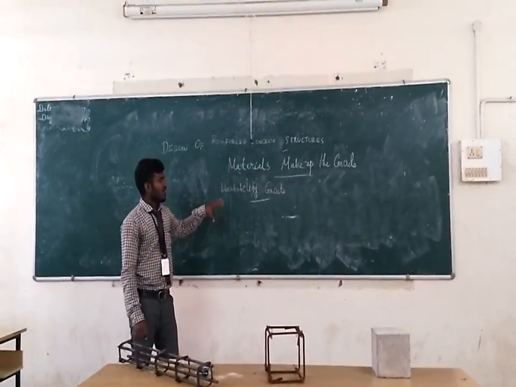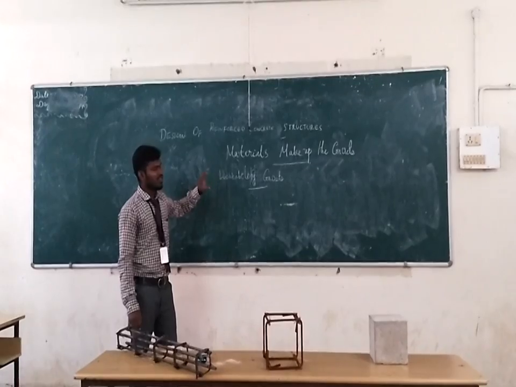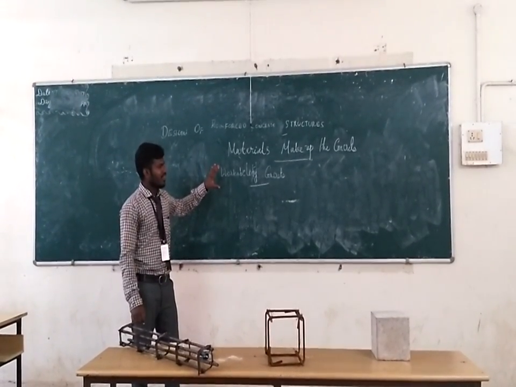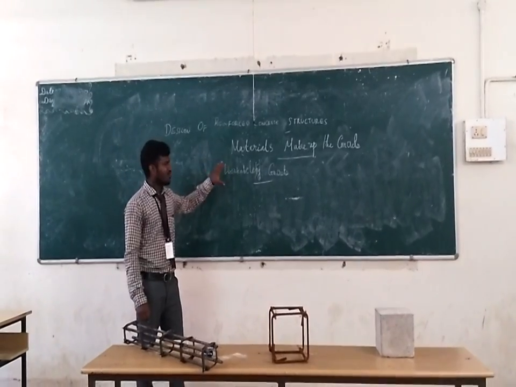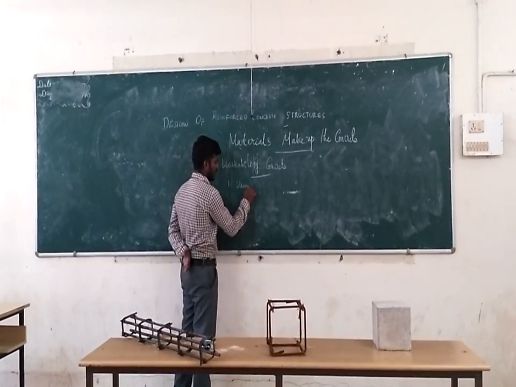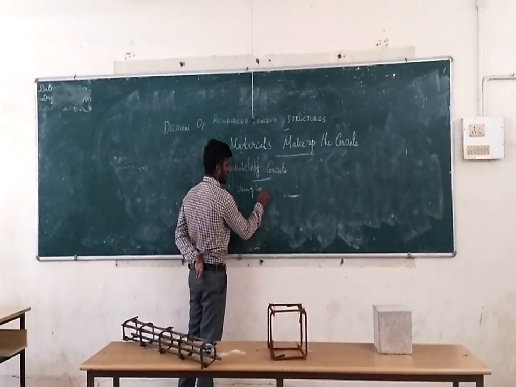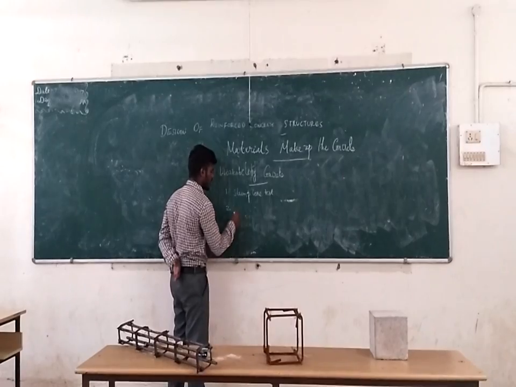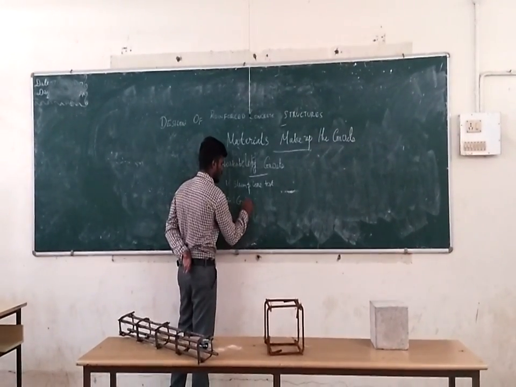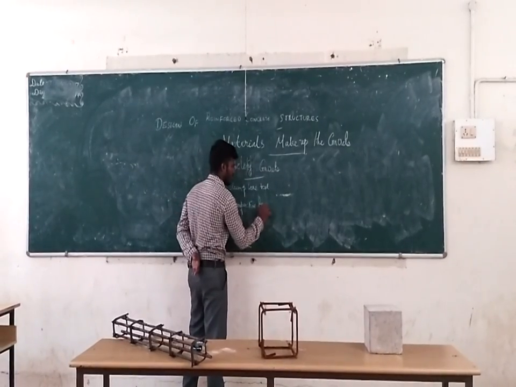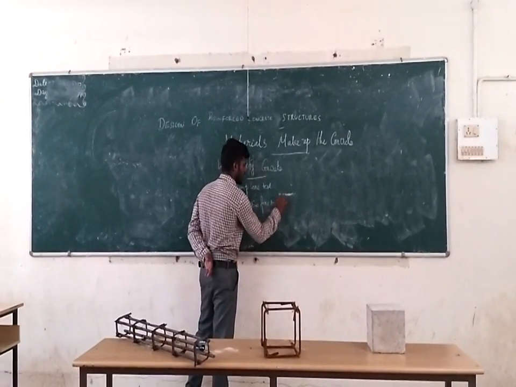Next, we are going to see workability of concrete. It is a fresh concrete property. It is generally determined by the following tests. First one is the slump test. Second one is the compaction factor test.